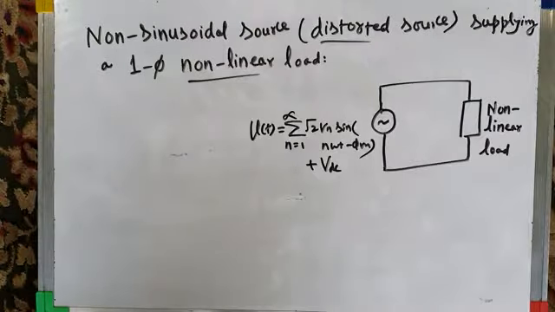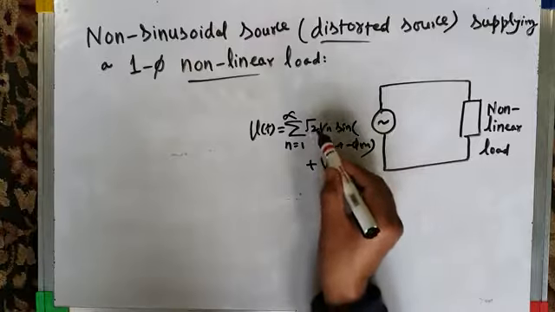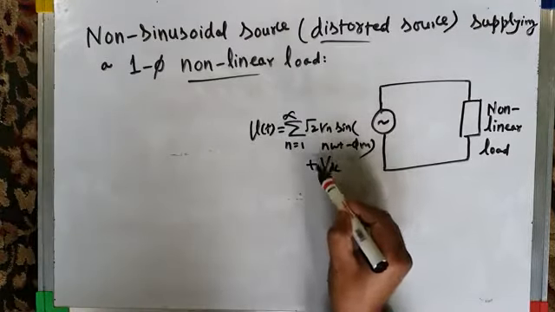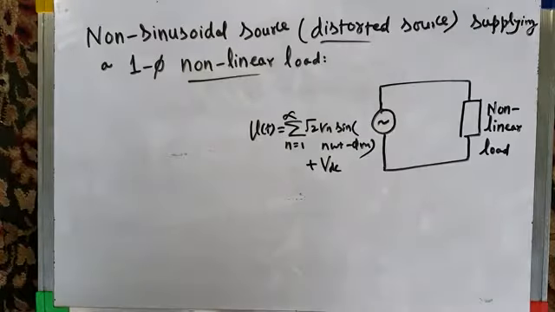The voltage which is available to various types of loads at the point of common coupling may have a DC offset. So we are assuming that the source voltage is not only distorted, but that it has a DC offset also.